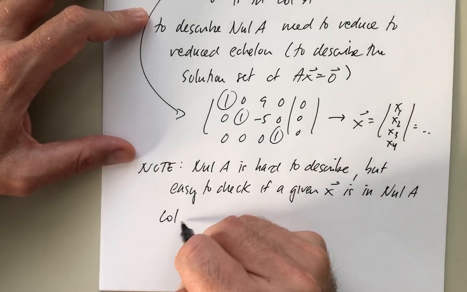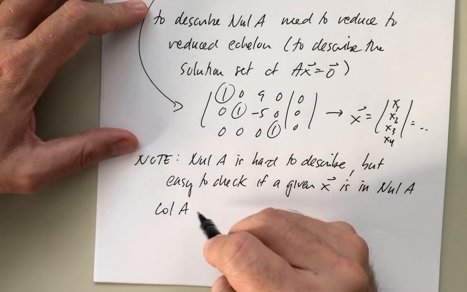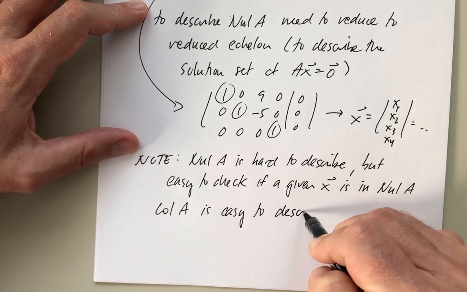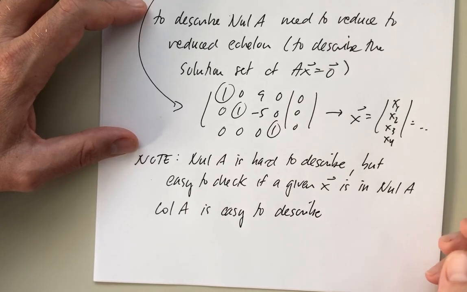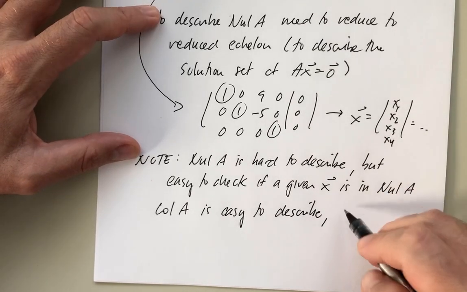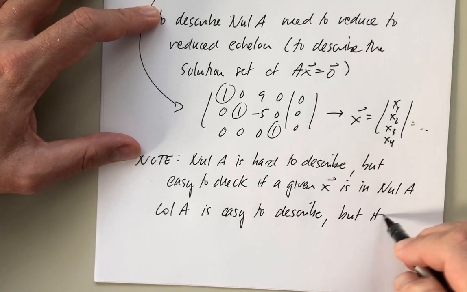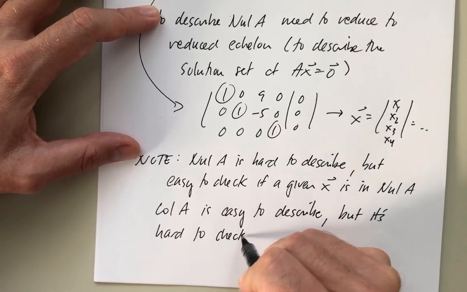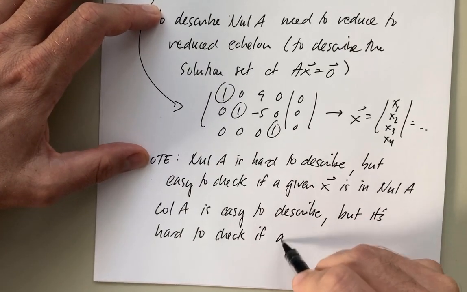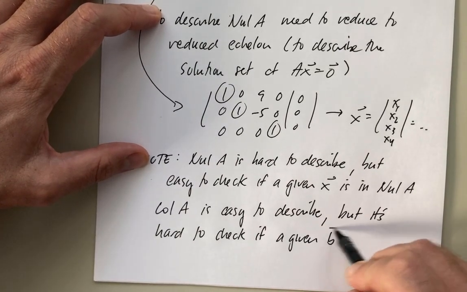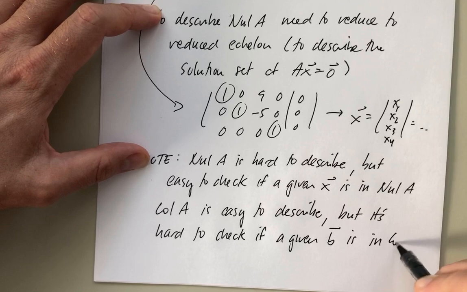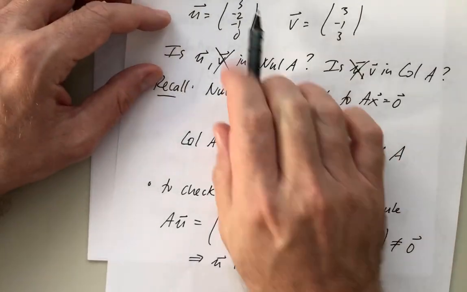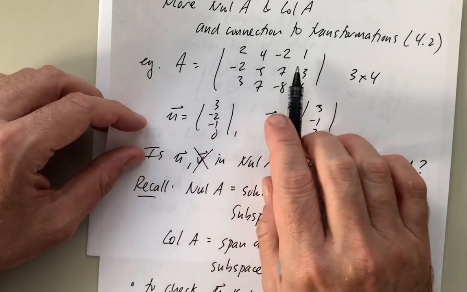Now, column space is kind of the other story. Column space is easy to describe, in the sense that it's just the span of the columns, but it's hard to check, let's say, if a given b is in the column space of A. The column space by definition is just the span of the columns here.